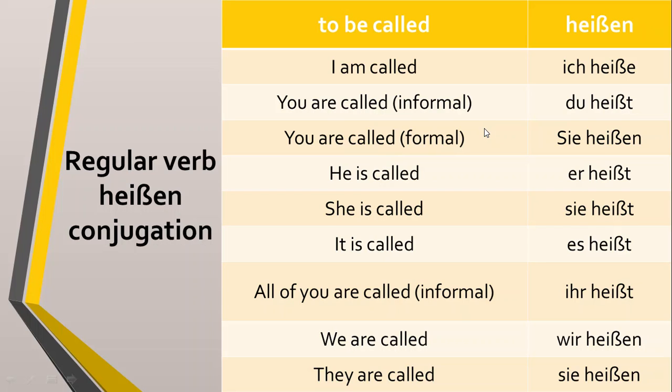We must also remember that even though the formal "you" is written as "Sie" with a capital S, the verb that comes, whether it's a regular verb or an irregular verb, would be conjugated just like the plural personal pronoun forms, or we can say just like its infinitive form.